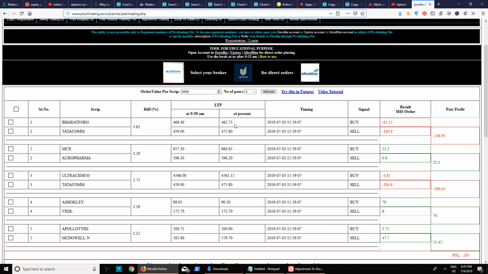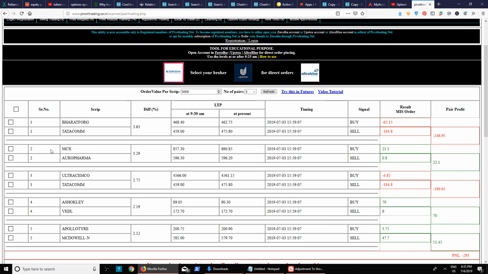This has reduced, and this 459 has increased. So you take a buy trade and a sell trade here, and this pair would be in loss because they didn't go in the same direction. They went in opposite directions.